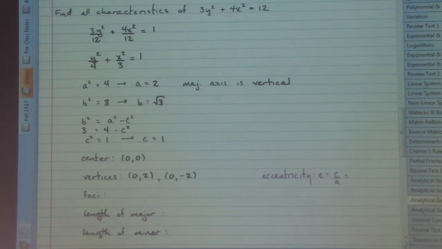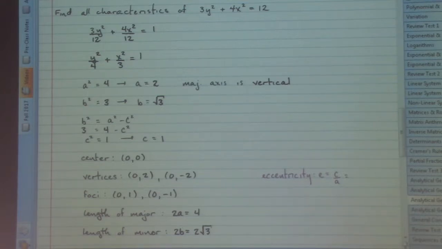The foci, those are also going to be aligned vertically, 0, 1 and 0, negative 1. The length of our major axis, 2 times a, which is 2, gives us the length of our major axis, 4. The length of our minor axis, 2 times b, would give us 2 square root of 3.